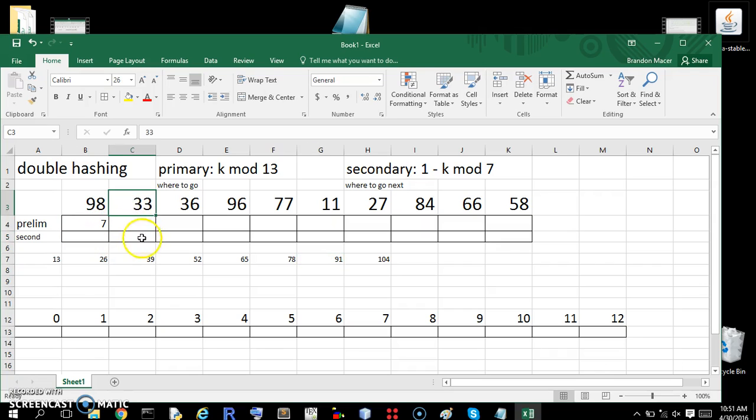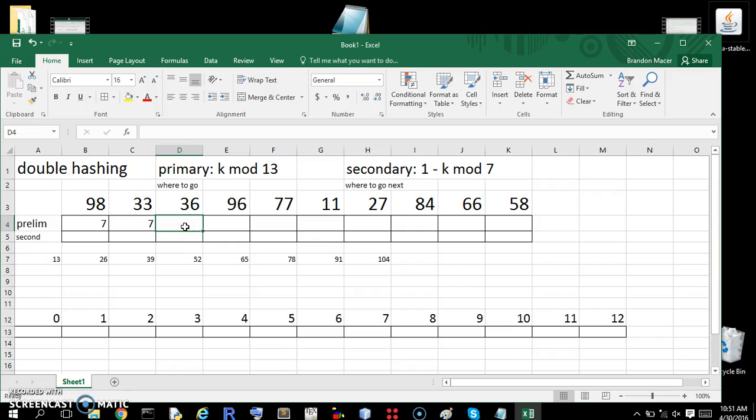33, the value that's closest to but not greater than, is 26. So 33 minus 26 is 7. 36. 26 is the value closest to but less than.